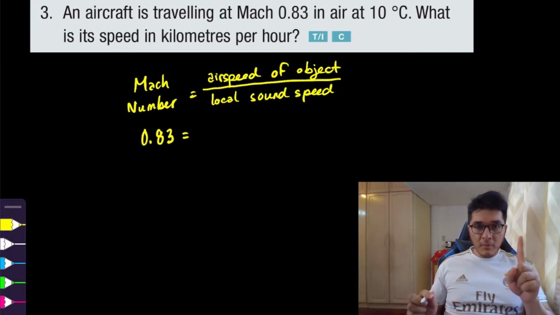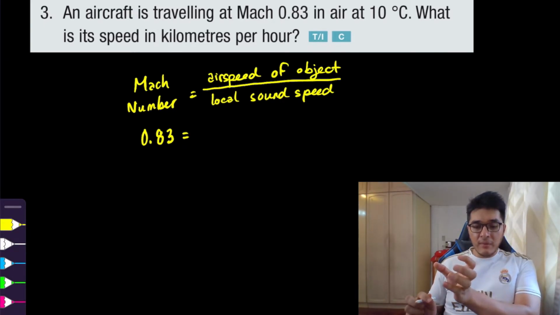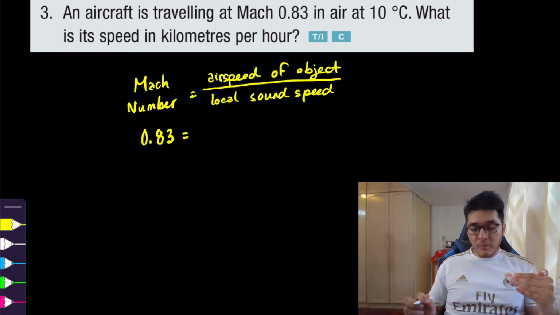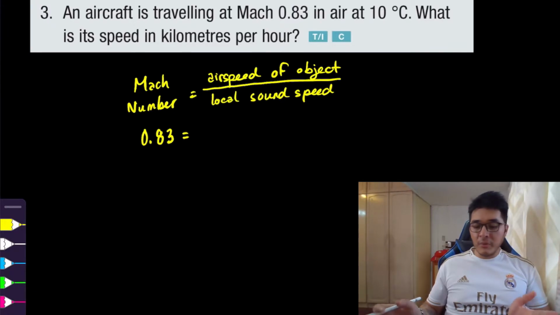So when Mach number is 1, that means that the speed of sound is the speed of the aircraft. So if the number is less than 1, then that means that the aircraft is not yet reaching the speed of sound. So it's just a little bit off. So if the speed of sound is maybe 343, 341, that means that the object should be traveling 340, 240, we don't know.